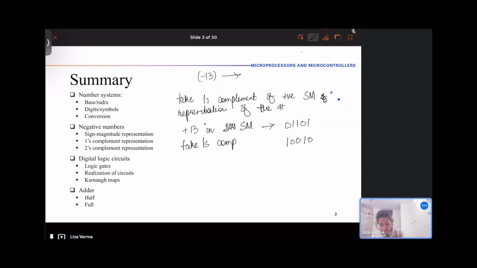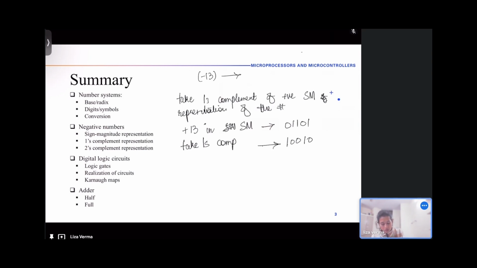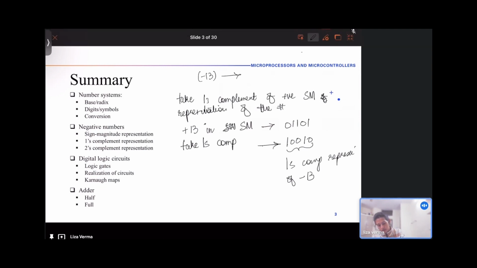Now this gives you the 1's complement representation of minus 13. So to take 1's complement, there are just 2 steps. Write the positive of that number in signed magnitude representation and then take its 1's complement, right? So I think this is clear.